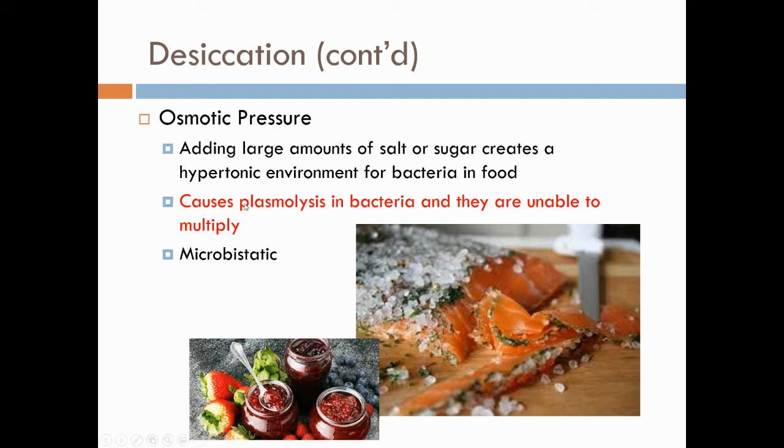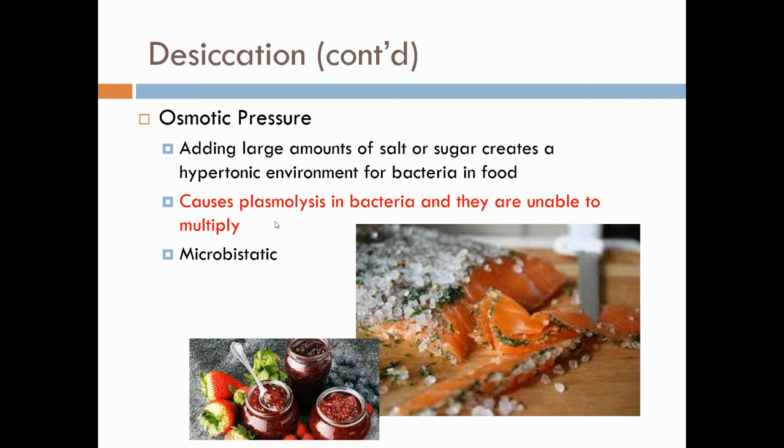This causes plasmolysis. Plasmolysis is when the plasma membrane pulls away from that cell wall. So normally the cell is filled with cytoplasm, our aqueous solution inside, the water with all the dissolved resources the bacteria needs, and that presses the membrane up against the peptidoglycan cell wall layers.